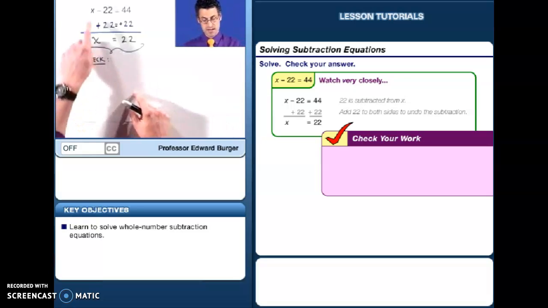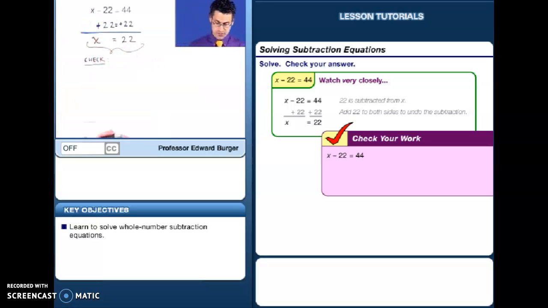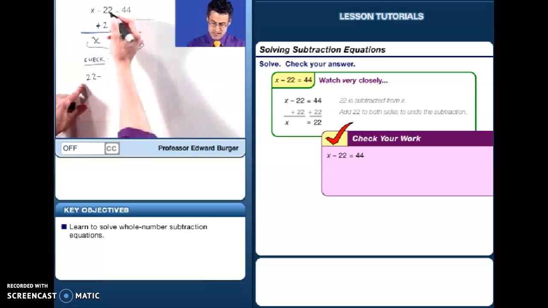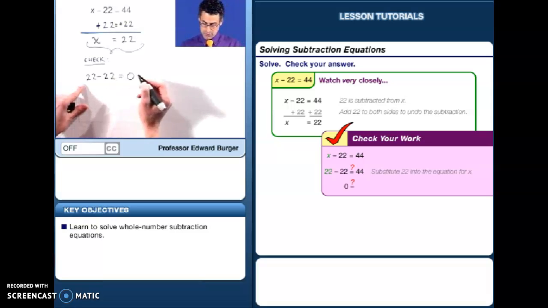What I have to do now is replace this unknown x by the guess 22. So we compute the left-hand side, 22, that's x, minus 22. 22 minus 22, that equals 0, but that does not equal the right-hand side, 44.